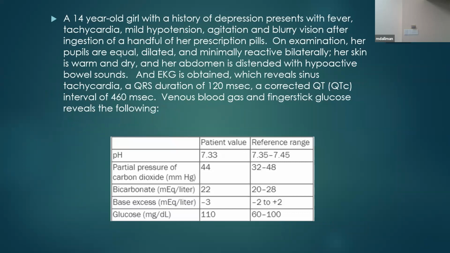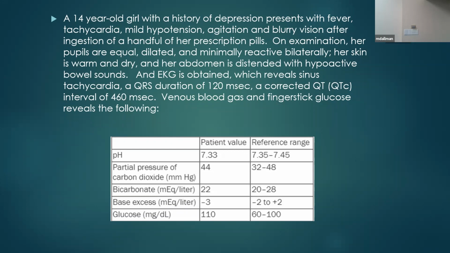All right. Heather, you want to read? A 14-year-old girl with a history of depression presents with fever, tachycardia, mild hypotension, agitation, blurry vision, after ingestion of a handful of her prescription pills. On exam, her pupils are equal, dilated, and minimally reactive bilaterally. Her skin is warm and dry, and her abdomen is distended with hypoactive bowel.